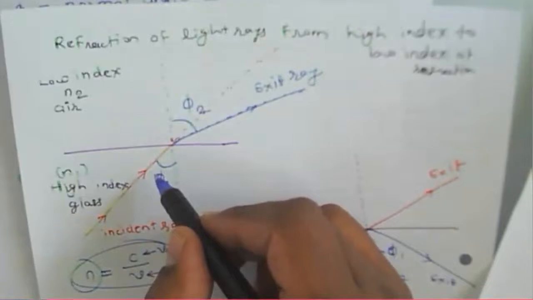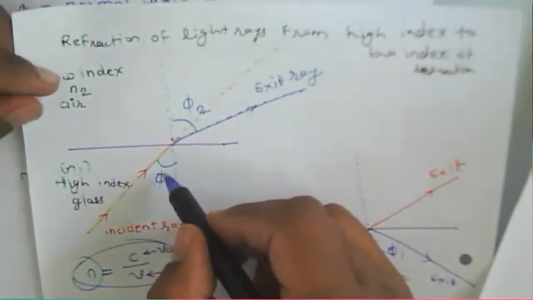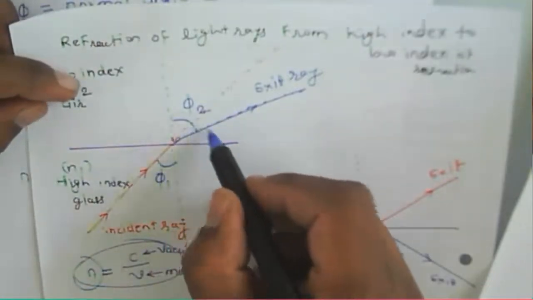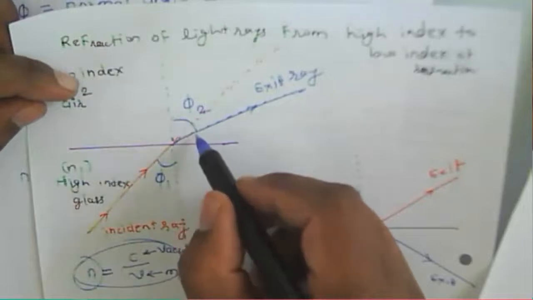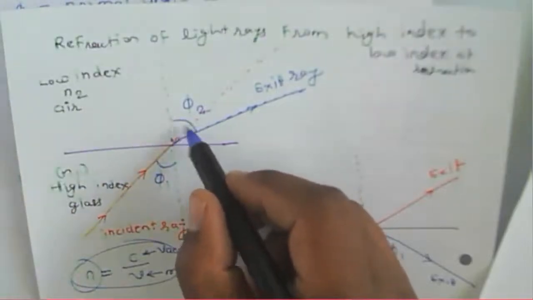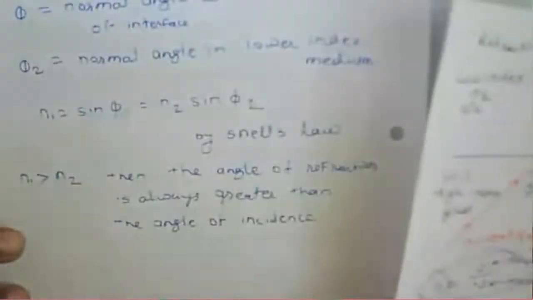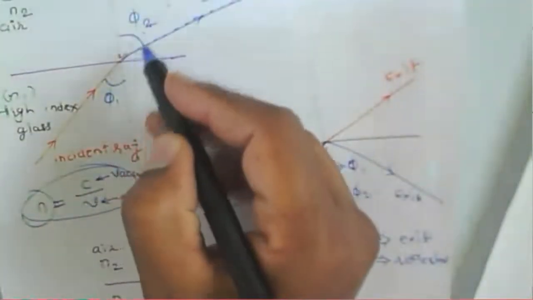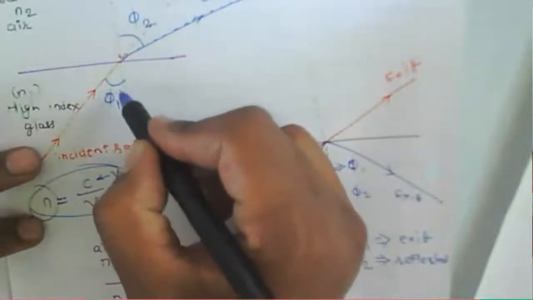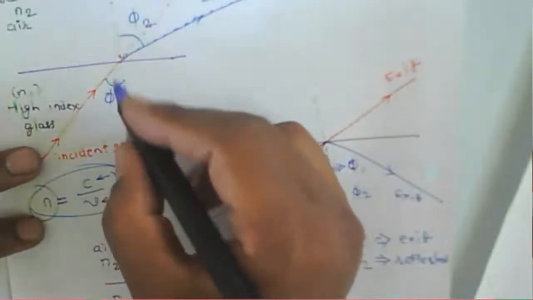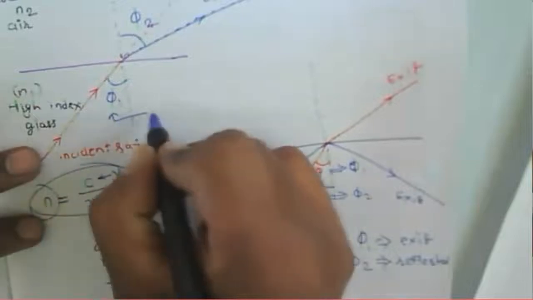Now this is the diagram. Here phi 1 is the angle of incidence, and phi 2 is the angle of refraction.